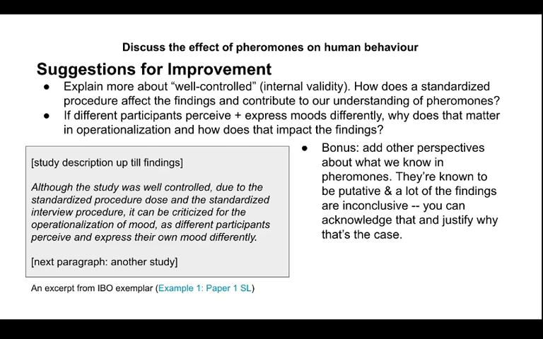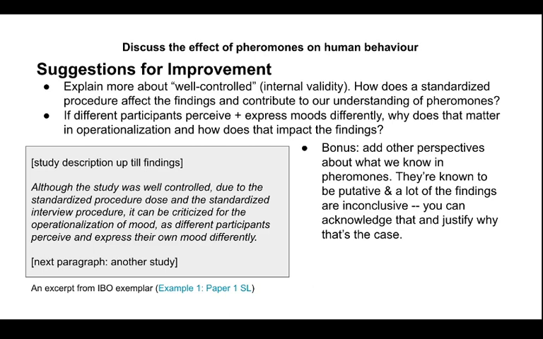And next, they talk about operationalization of mood. So in this case, you can explain why the operationalization matters. If different participants perceive and express their own mood differently, then so what? Why does it matter so much?